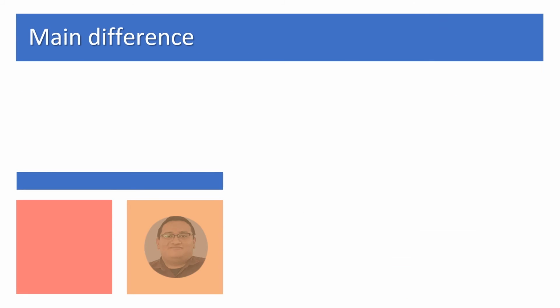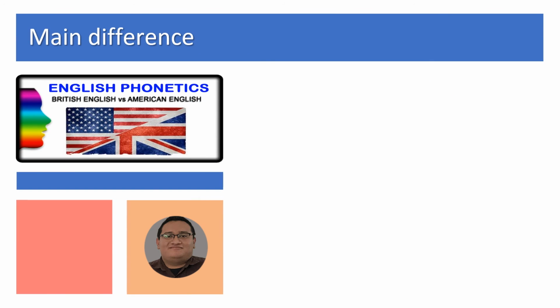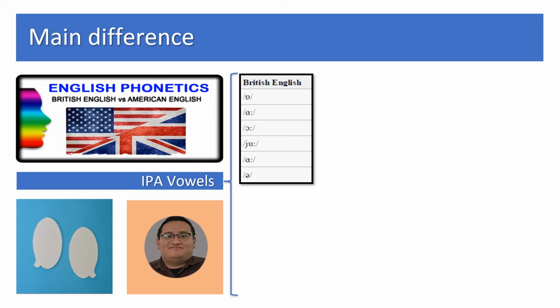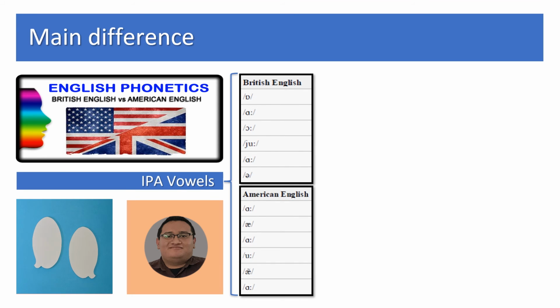Apparently, English is unique and doesn't have differences when a person speaks, but the British and American pronunciation are sometimes different. The great difference is in the IPA vowels, and British and American speakers pronounce the same word in a different way.